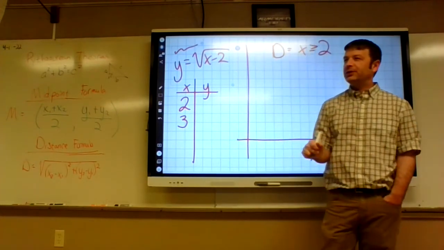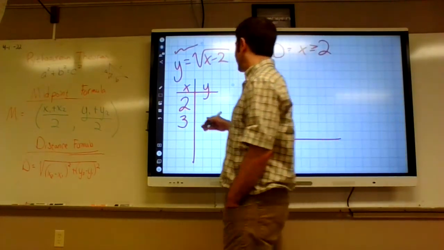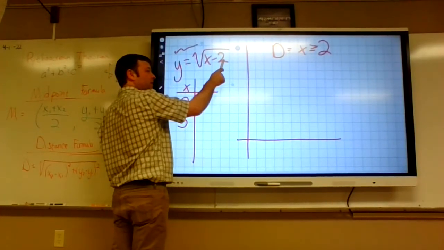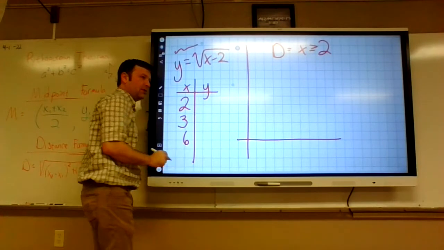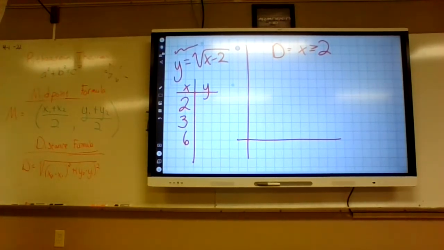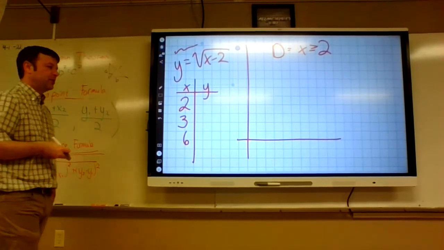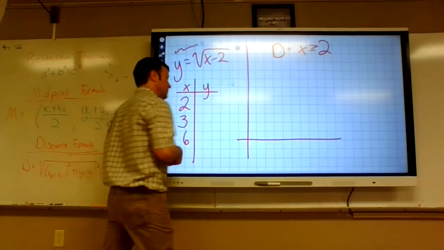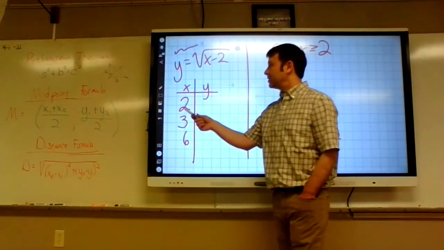What would be another nice one? 6. Because 6 minus 2 makes 4, and 4 has a nice square root also. You don't have to use these. If you don't use these, you will get decimals, or if you use something smaller than 2, you'll get nothing. But these come out the easiest.